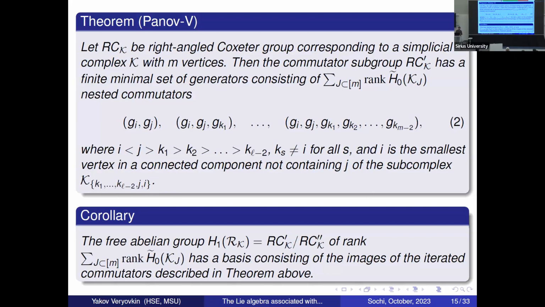We have a corollary that the free abelian group H1(RK) is isomorphic to this factor of rank like this and has a basis consisting of the images of the iterated commutators described in the theorem above. Okay.